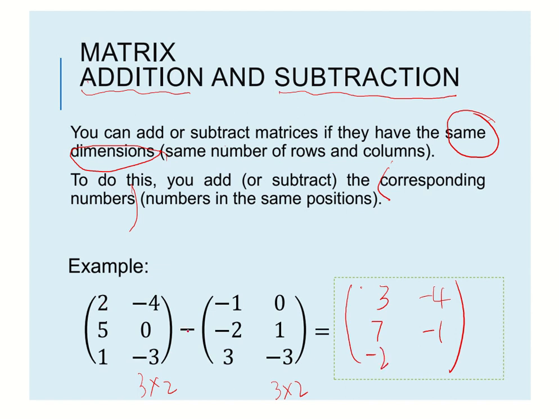Negative 3 minus negative 3 is 0. So this is how we perform the plus or minus of matrices. First, we check the dimension, which must be the same. And second, we add or subtract the corresponding values.